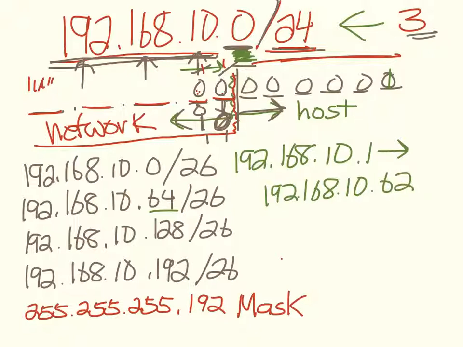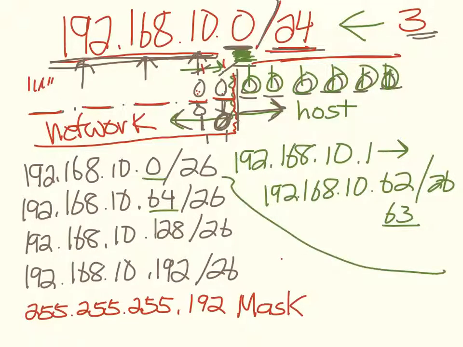Both of these would be a /26. 63 is the broadcast, because 63 would be all ones here, and 0 is the network address, because that's all zeros here. So that would be the range of addresses you could use for the network, and you could progress and write them out for all of those.